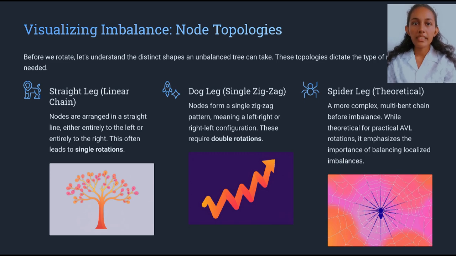Nodes form a single zigzag pattern, meaning a left-right or right-left configuration. These require double rotations. And the last, spider leg. Many bends before imbalance. It's more of a concept to show imbalance can happen deep inside, but we still fix it locally using a double rotation.